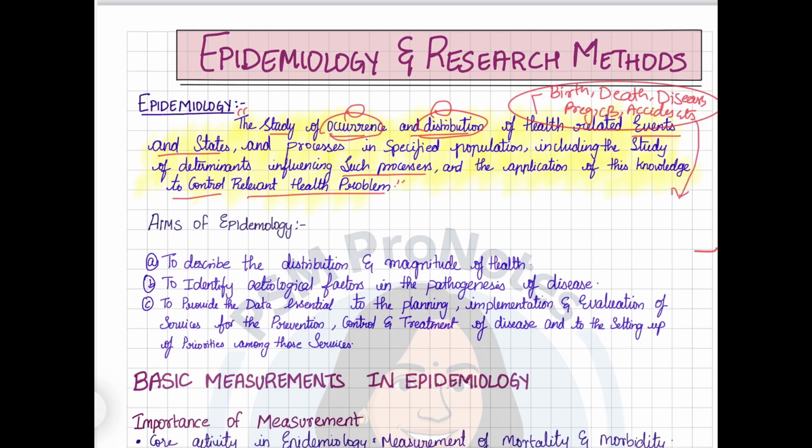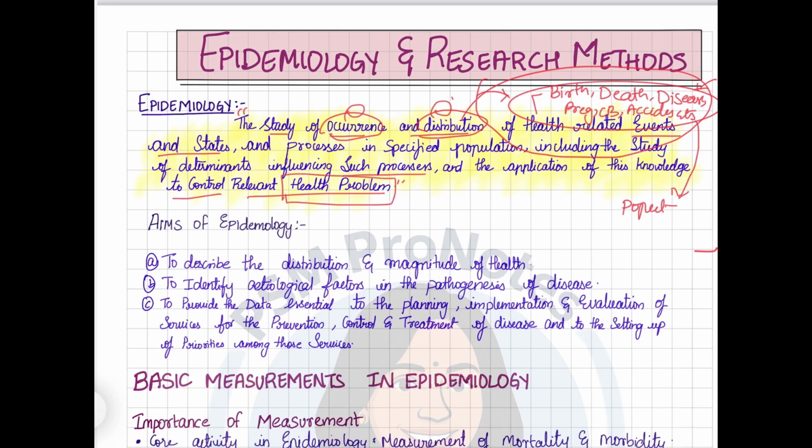The study of these in a specified population, including the study of determinants influencing such processes. So what are the factors which are influencing these events and states, and application of this knowledge to control the relevant health problems.